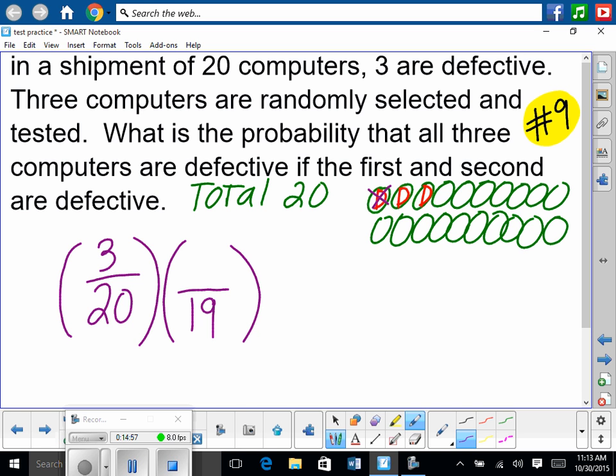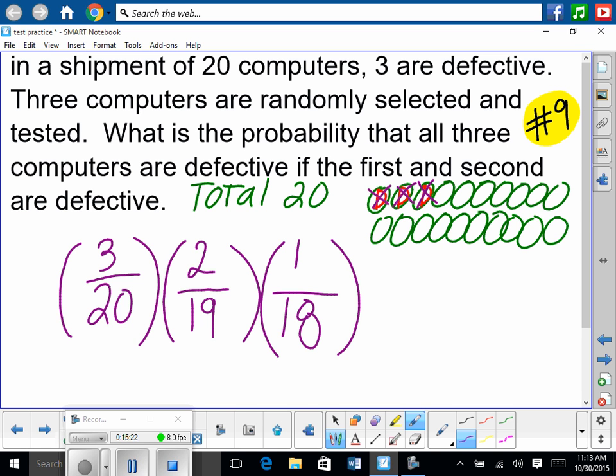If we want to know about drawing a defective on the second draw, how many defective are in the batch? Well, only 2. Okay, so now we've drawn another defective. Now there's only 18 total computers. What's the chance of drawing that defective? There's only 1 out of 18 chance on that third pick.